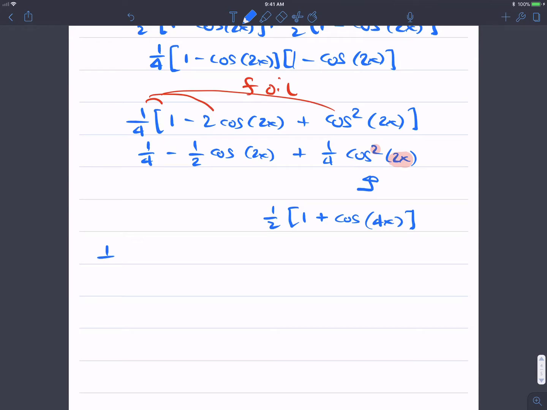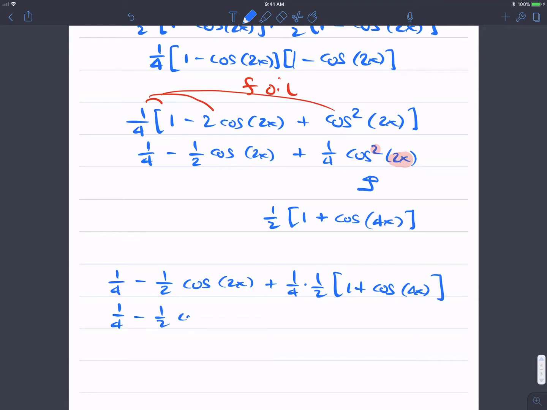Altogether, we have 1/4 minus 1/2 cosine 2x plus 1/4 times 1/2 (1 plus cosine 4x).